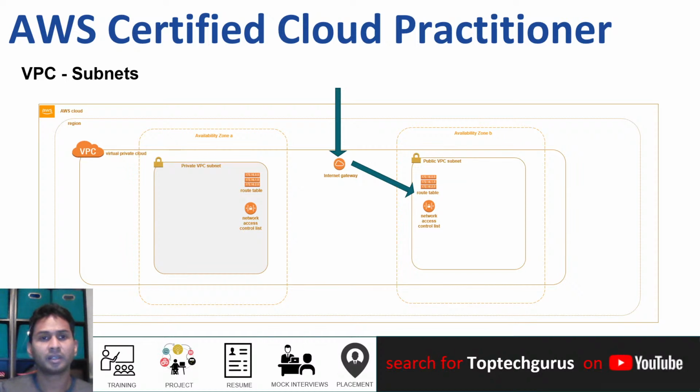Every VPC has two things: one is the route table, and the other is the network access control list. I'll talk about the difference between those two. But just to give you a brief understanding, a network access control list is like a firewall. It tells who can ingress and who can egress: who can come in, who can go out, which connections can come in and which connections can get out.